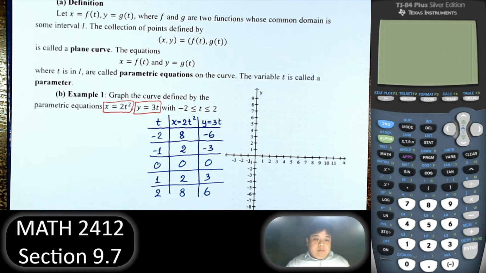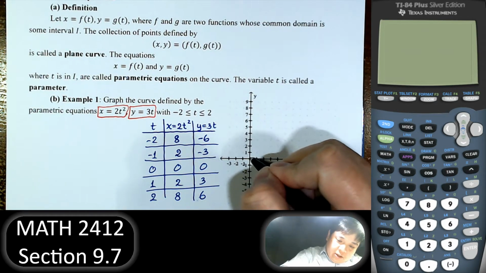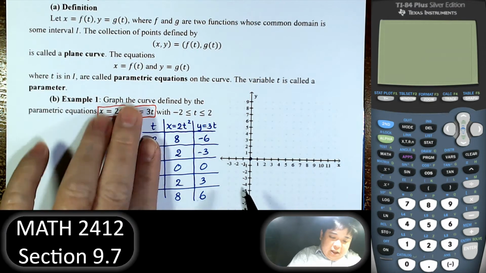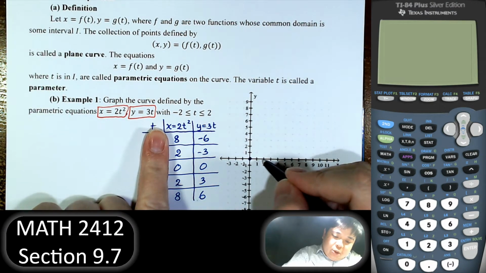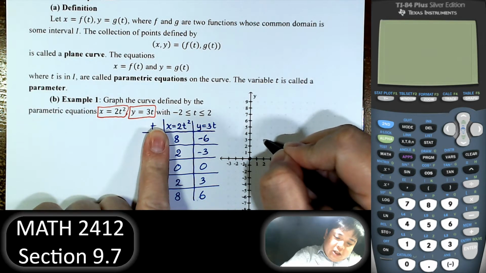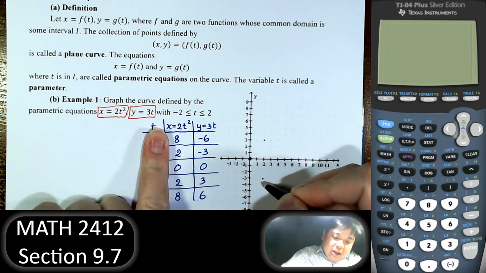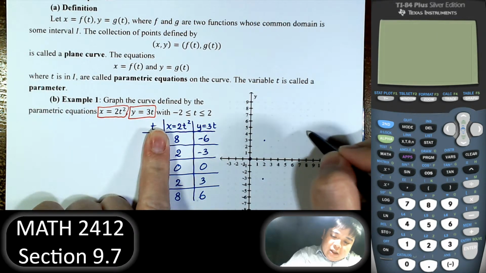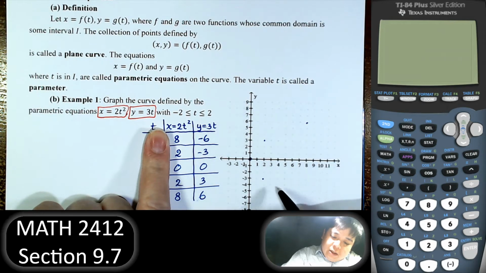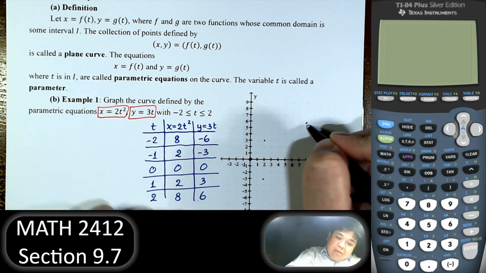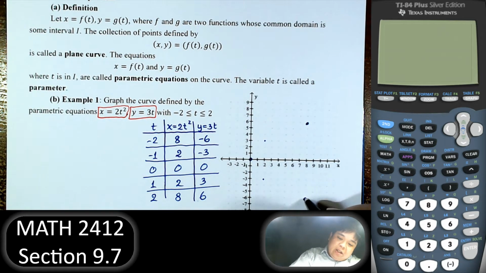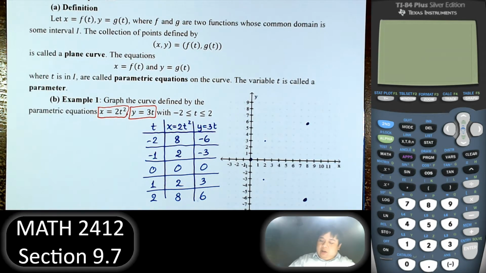Let's plot those points: (0, 0), then (2, -3) and (2, 3), and (8, -6) and (8, 6). By the way, it stops at these. Those are the endpoints, (8, -6) and (8, 6).